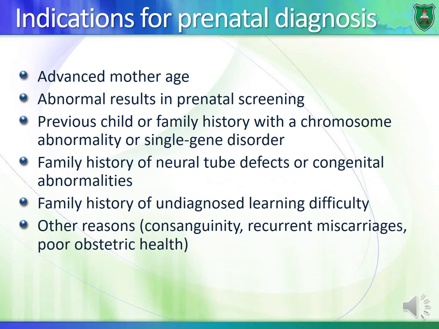If there is a previous child, or if there is family history with chromosomal abnormalities, or if there is a single gene disorder, then this is a sign that couples must do prenatal diagnosis or testing. Now, if there is also family history of neural tube defects or congenital abnormalities, again, this may require parents to undergo genetic testing as well. Also, if there is family history of undiagnosed learning difficulty and other reasons like consanguinity, recurrent miscarriages, poor obstetric health, and so on.